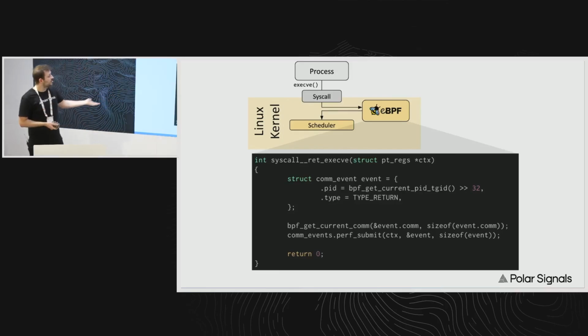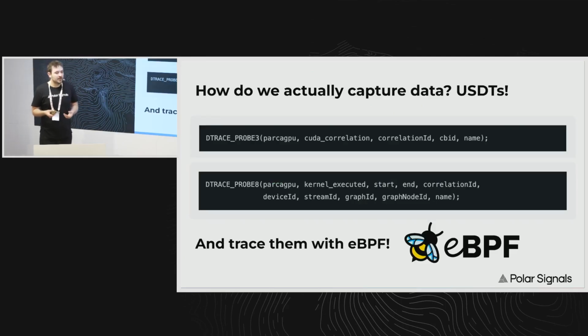Why do I say this? Well, as part of our shim, we somehow need to communicate this information from our shim to our actual profiler, that a kernel was launched and that a kernel has finished. We do that using USDTs.